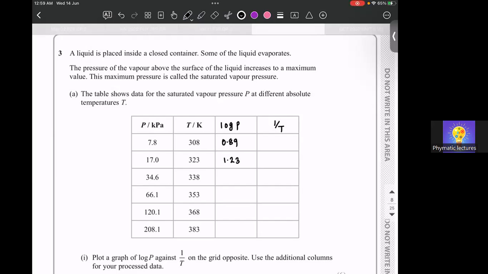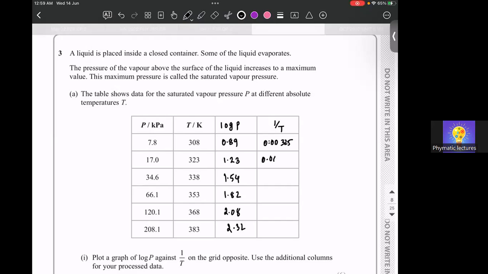So 1.23, 1.54, 1.82, 2.08, and 2.32. Then 1 by T. So 1 over 308, that is 0.00325.